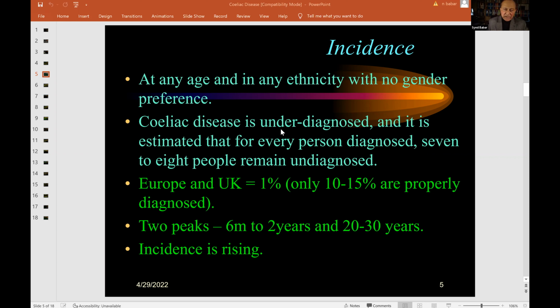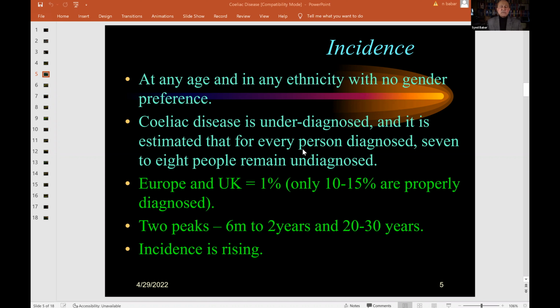And in the same way, the general observational assessment suggests, by estimation, that for every one person diagnosed with confirmed celiac disease, 7 to 8 people remain undiagnosed.